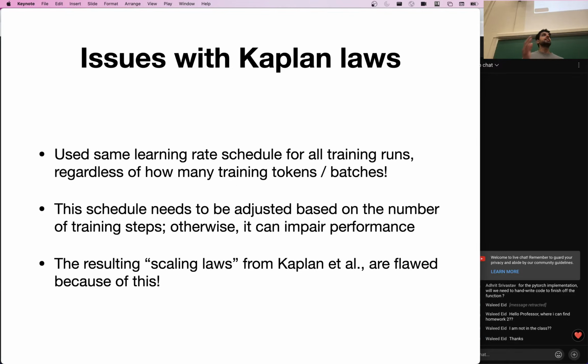So the learning rate schedule is essentially a hyperparameter of the training process where you specify at different points during the training, so let's say 10% of the tokens have been seen, 20%, 30% in an epoch, how should you change the learning rate?